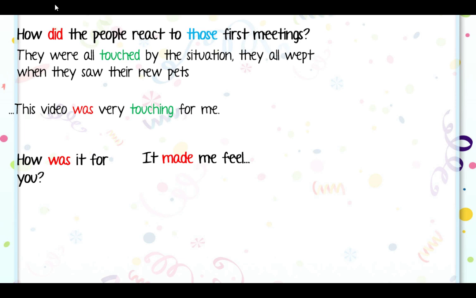La palabra touch, que significa tocar, también significa como que te tocó el corazón, ¿ya? Como que te conmovió. Entonces por eso al principio dice, they were all touched by the situation. Todos como que les conmovió la situación. They all wept. Todos lloraron cuando vieron a sus nuevas mascotas. This video was very touching for me. Este video fue muy conmovedor para mí.